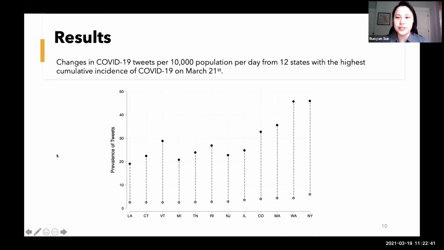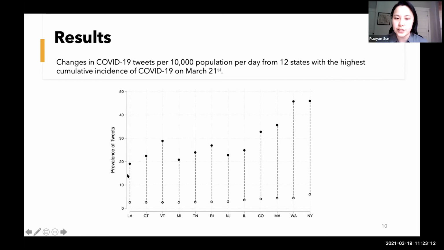This figure right here is looking at changes in COVID-19 tweets per 10,000 population per day from 12 states with the highest cumulative incidence of COVID-19 on March 21st. The order here is alphabetical at the state level. The hollow circles at the bottom of this figure reflect the tweet prevalence in late January, and the solid circles are the tweet prevalence in March.